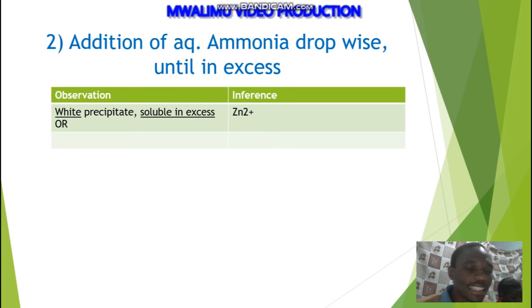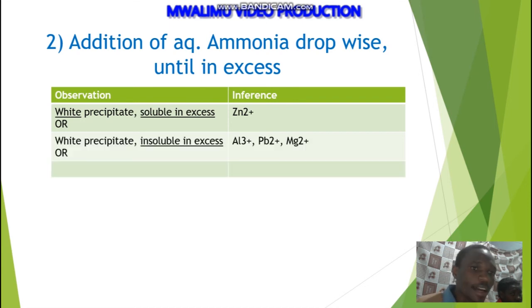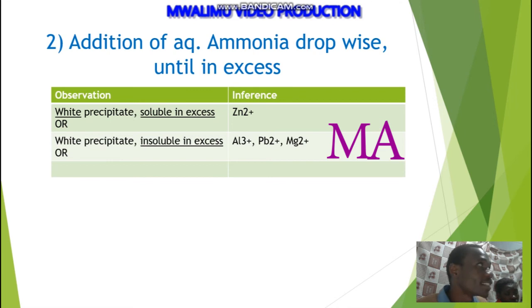Okay. And then if you see a white precipitate and it is insoluble in excess of aqueous ammonia, that means there will be presence of lead 2 ions and magnesium 2 ions. Okay, that one will be MAP.